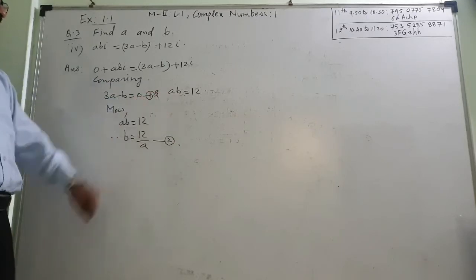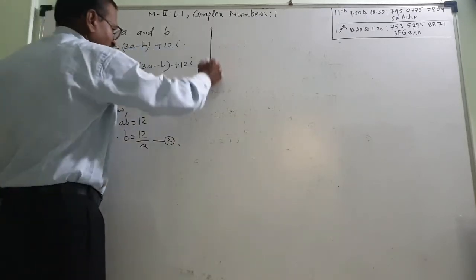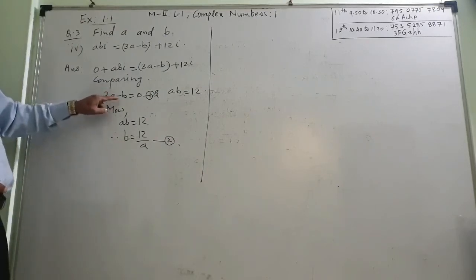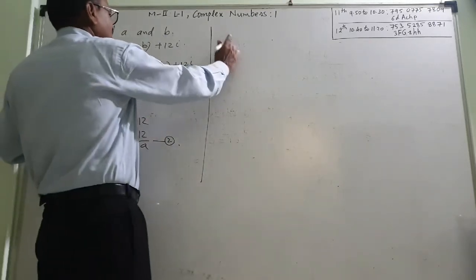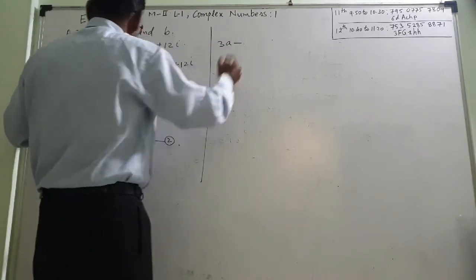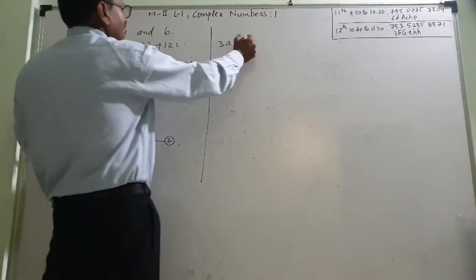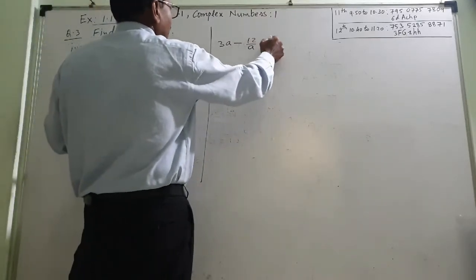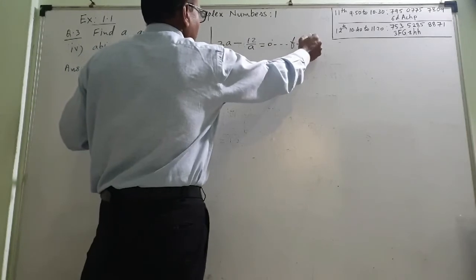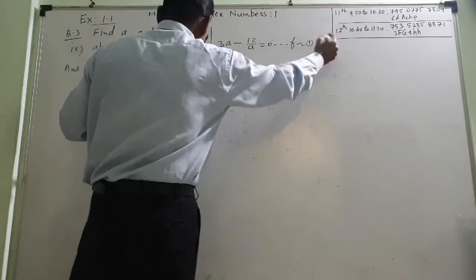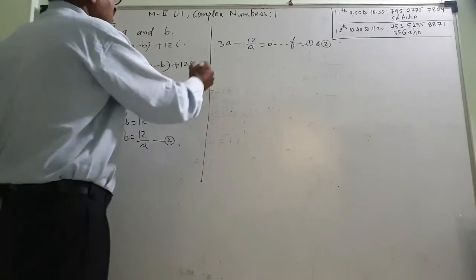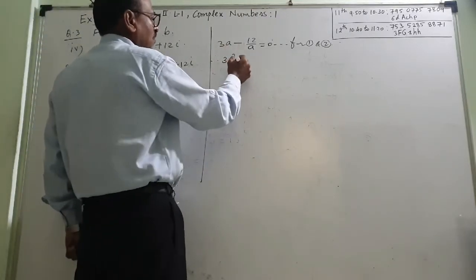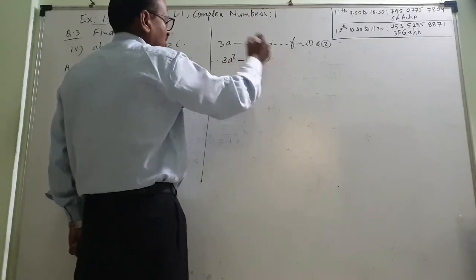But if it is into, then we have to go like this. Now in this, I will put the value of b. Therefore, 3a minus b, that means 12 upon a, is equal to 0, from 1 and 2. Therefore, 3a square minus 12 is equal to 0.